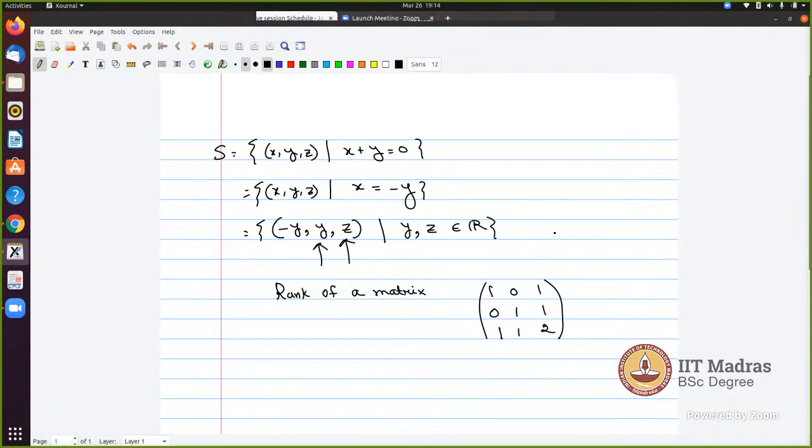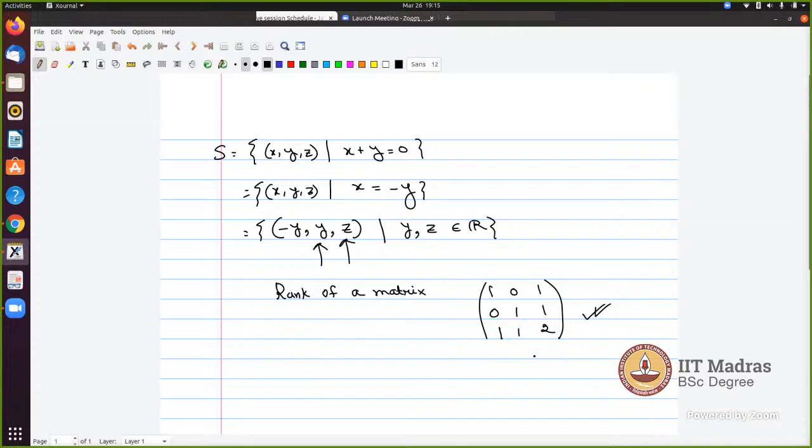So can someone tell what is the rank of a matrix? Sir, the rank of the matrix is the number of non-zero rows, sir. So what is the rank of this matrix? Two, sir. But there is no non-zero row, right?